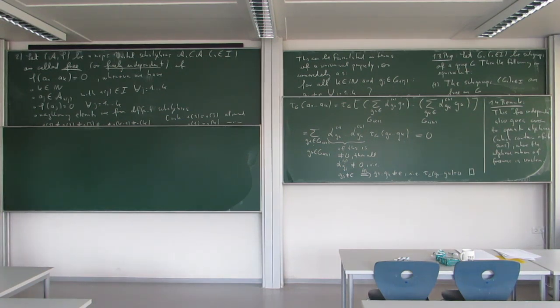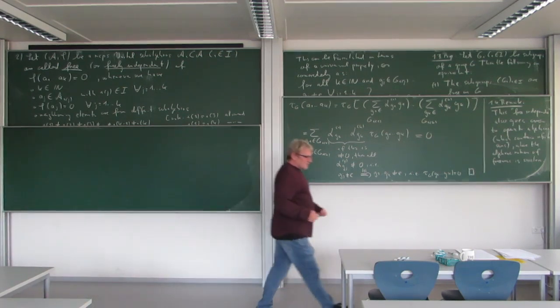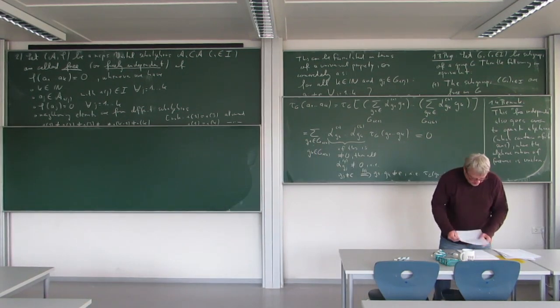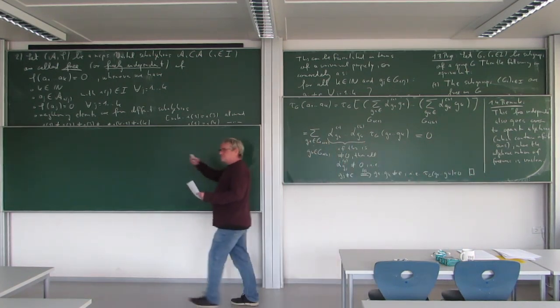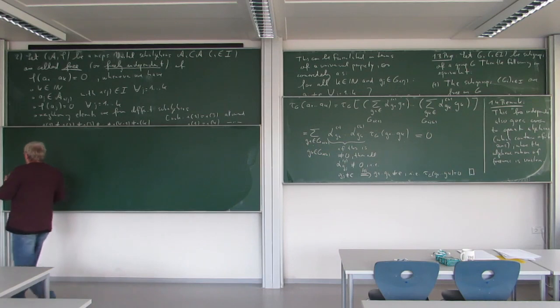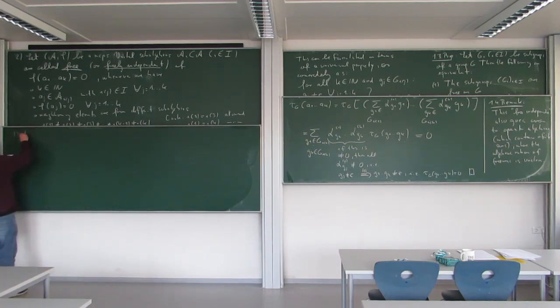So it really tells us the value of phi on the generated algebra if we know it on the subalgebras. And that's the crucial observation, the next proposition. And this then also makes contact with more probabilistic ideas. Here's the statement.